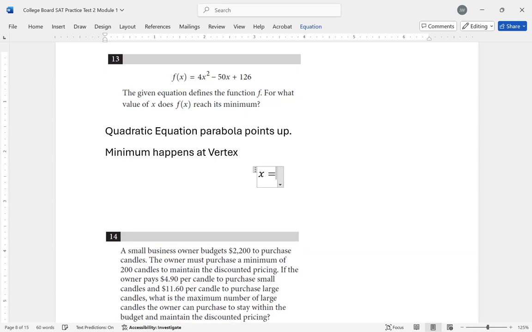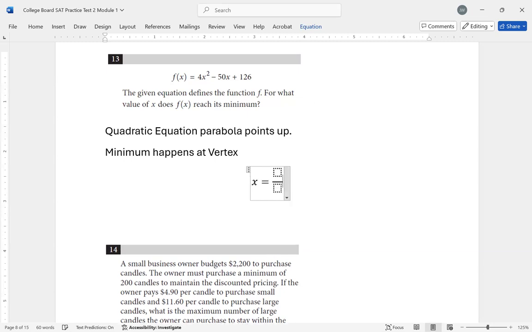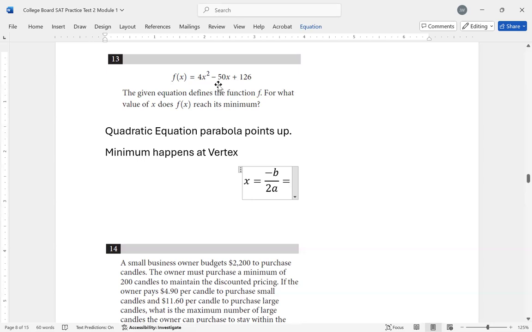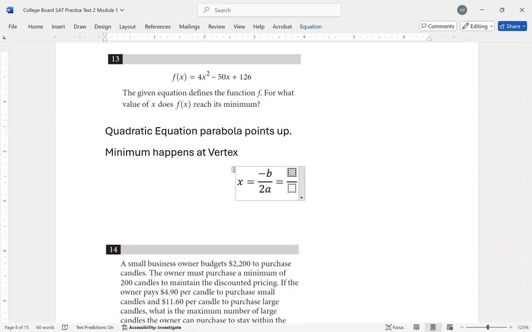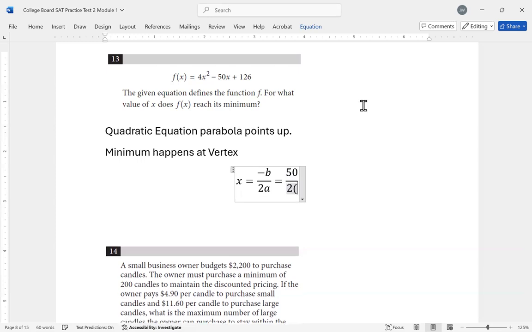One of the easy ways to find the vertex is to take x equals negative b over 2a. Negative b over 2a is going to be the x value of the vertex, where the b is the coefficient of the x and the a is the coefficient of the x squared. And when we do that here, the opposite of negative 50 is a positive 50. 2 times 4 is 8.